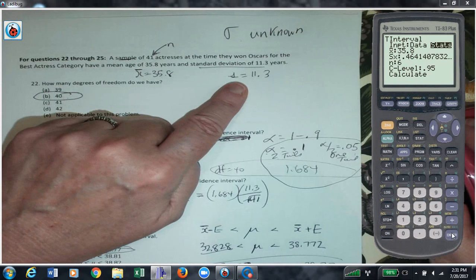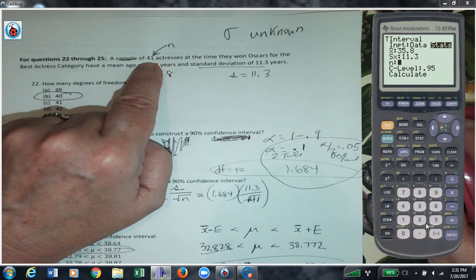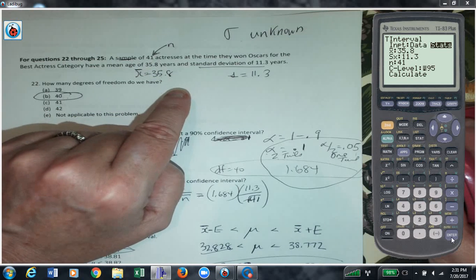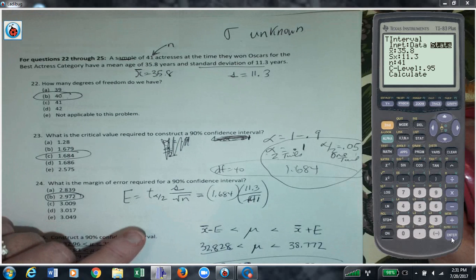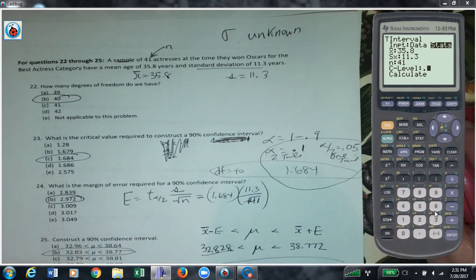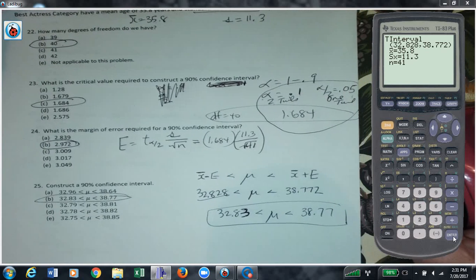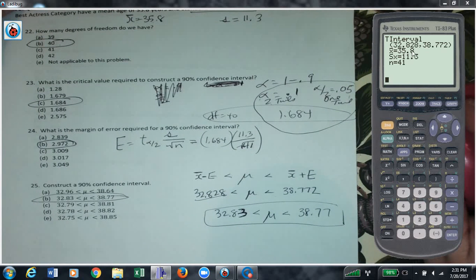My sample standard deviation is 11.3. Enter. N is 41. And my confidence level is 90%, so 0.9. Now I calculate, and you see here that it is also matching up to 2 decimal places. That should match up perfectly as well. Okay.